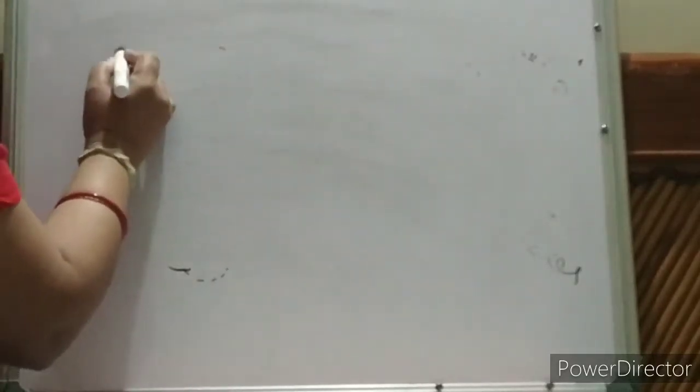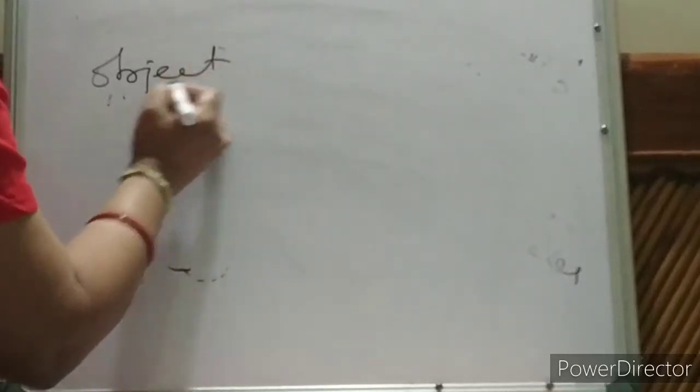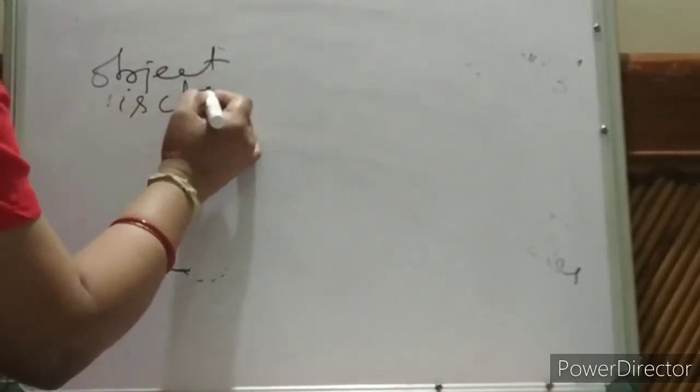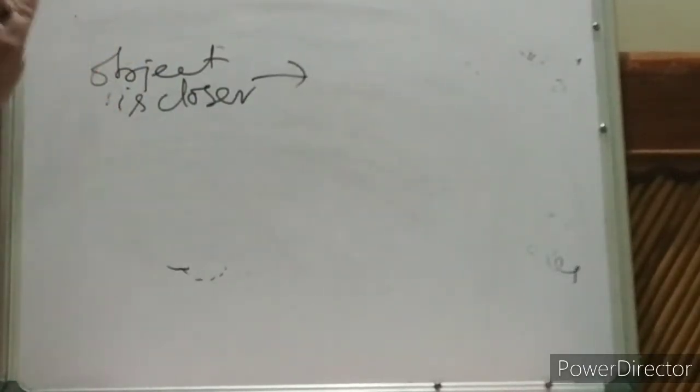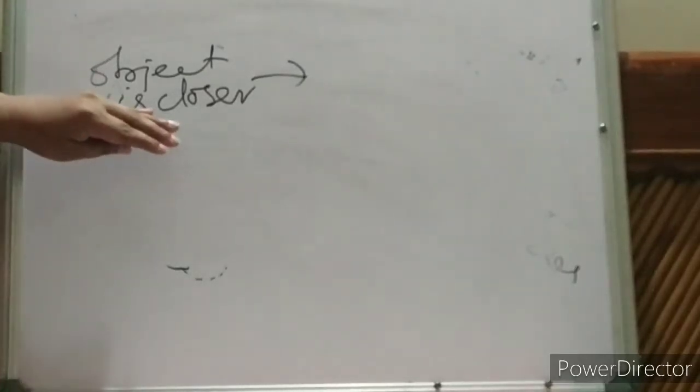So till now, what have we discussed? When the object is closer, ciliary muscles contract. Because when the object is at distant vision, at a far off place, that is the normal relaxed position of your eye muscles, the relaxed state.